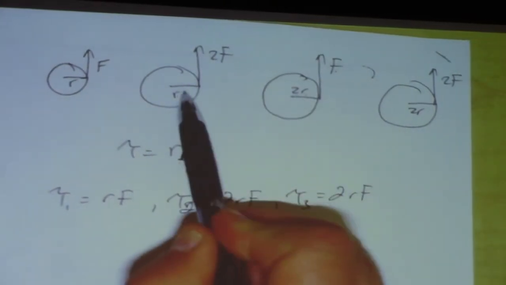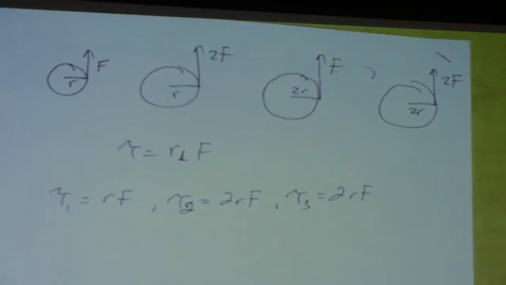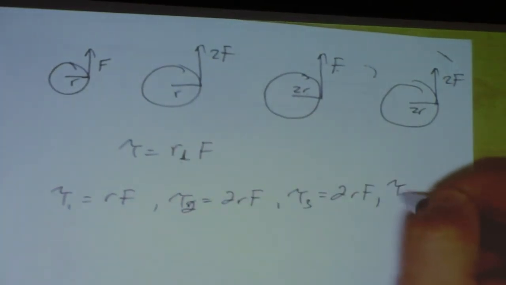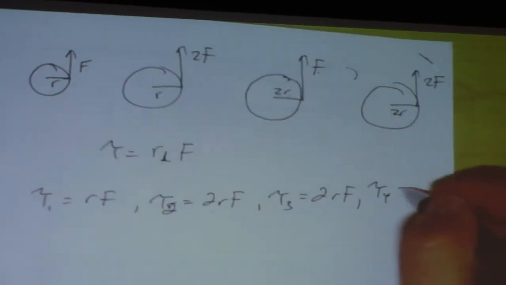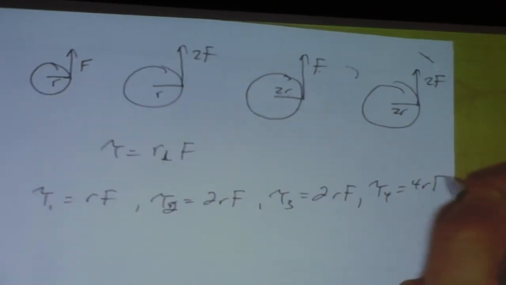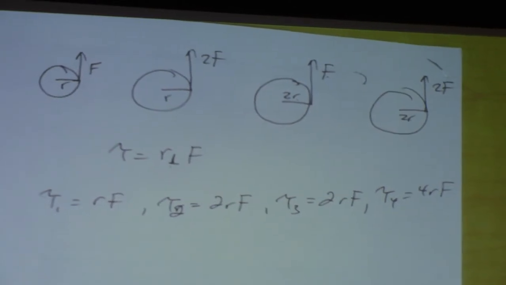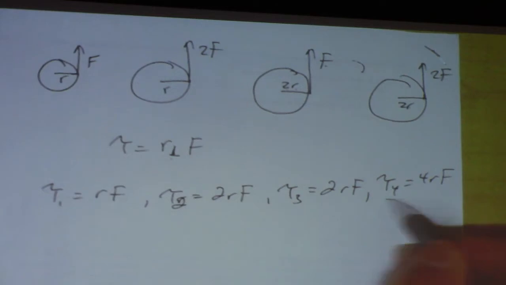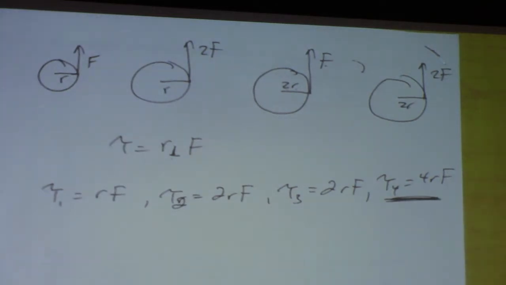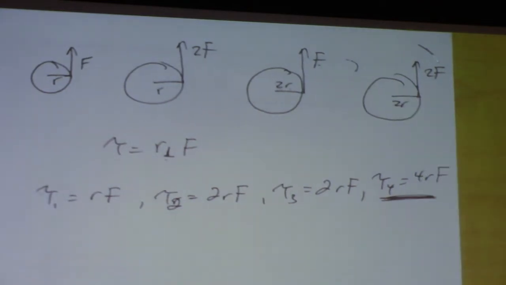This is 2F, but it's at 1R, so those torques would be the same. The biggest one is actually the last one here, 2R and 2F, so we have 4RF. So the last one would give you the largest angular acceleration because you have the biggest torque, assuming again that these are perpendicular to each other, which they are.